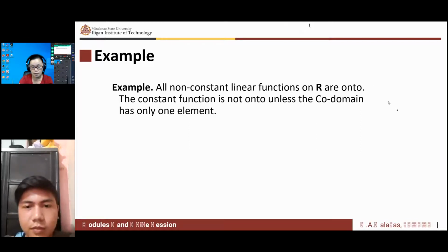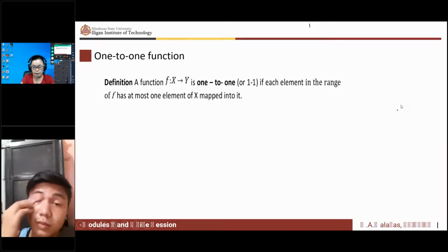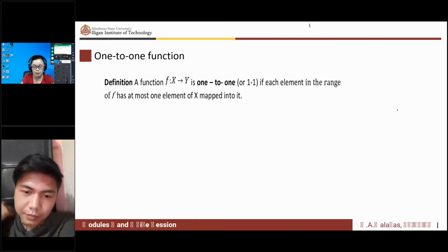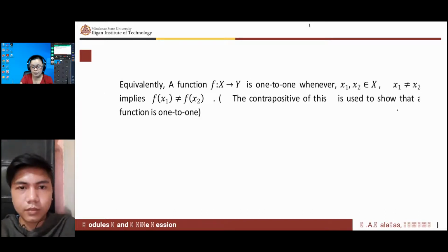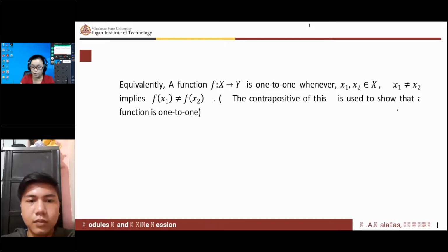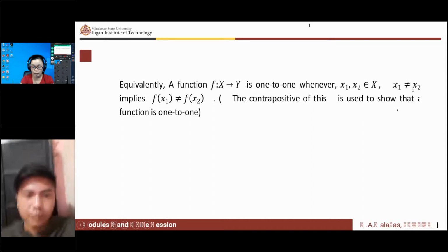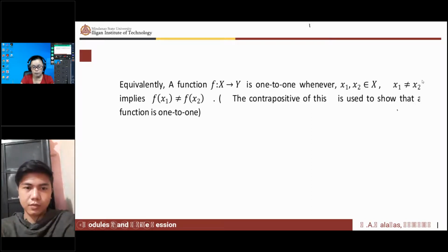Next, a function is one-to-one if each element in the range of f has at most one element of x mapped into it. Equivalently, we can define a function f to be one-to-one whenever we have two elements x1, x2 in x, and x1 is not equal to x2 implies their images are not equal.